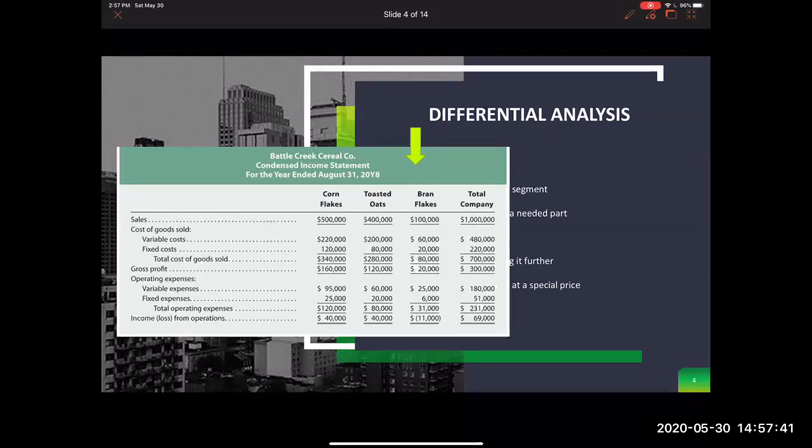So at this point, you have to decide, if I discontinue this product line, how much in fixed costs am I still having to pay? So it's not a black or white decision as some of you may think. Let's go through how a business can decide if they want to discontinue an unprofitable product line, a territory, or what have you, okay?